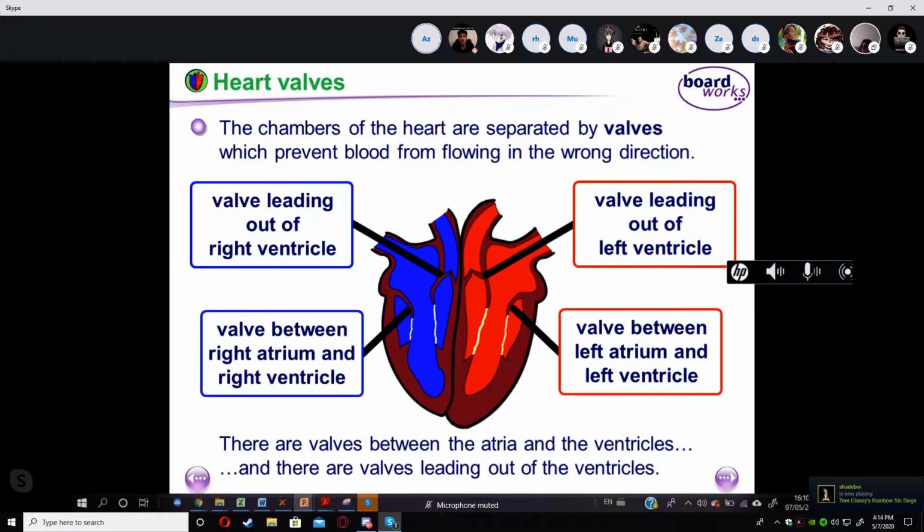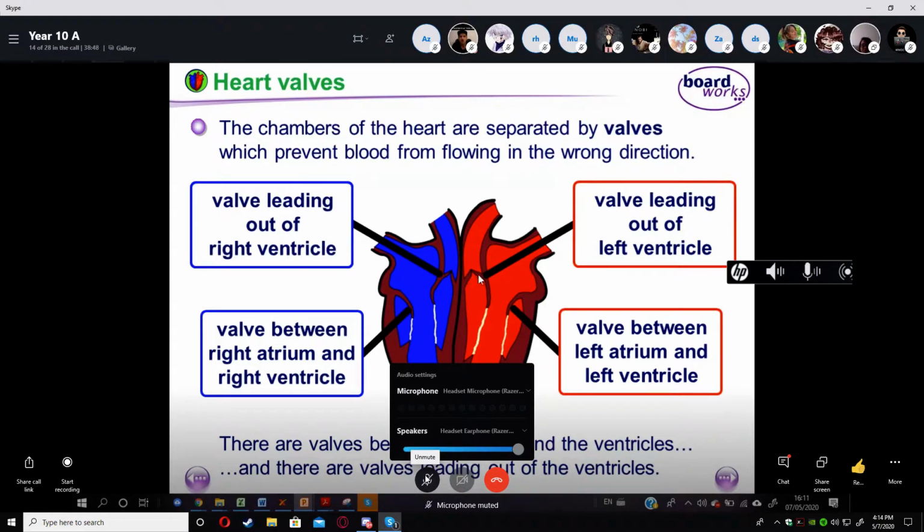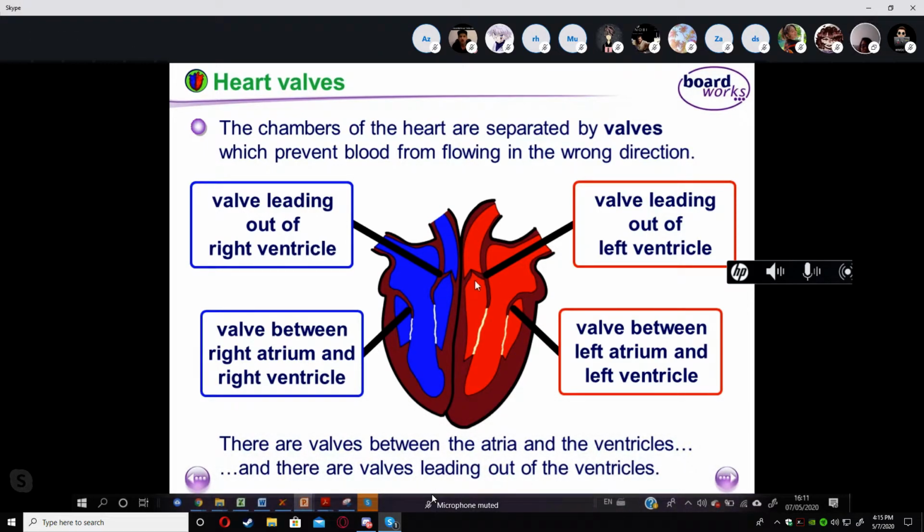Atrioventricular. Dustin, can you say what are these valves which lead out of the left ventricle and right ventricle called? Here and here. Prusha, can you tell me what are these valves called?